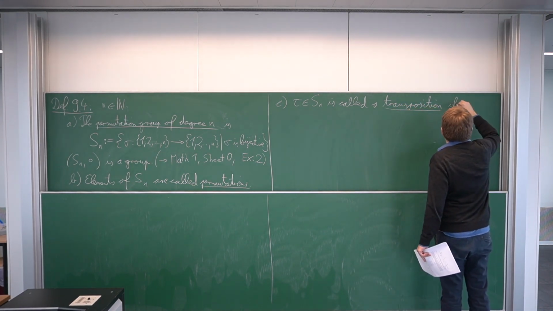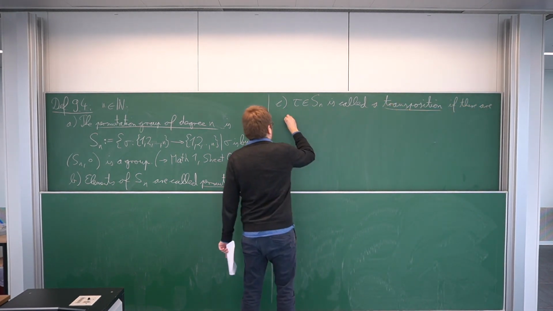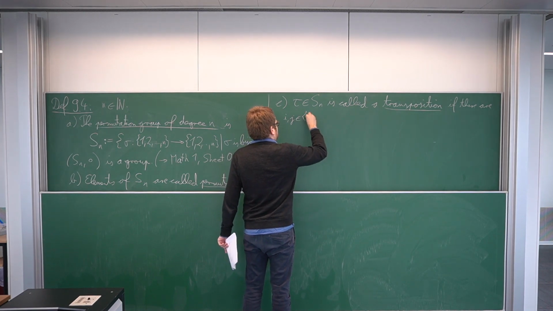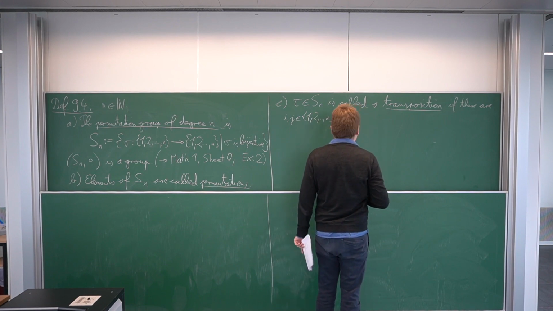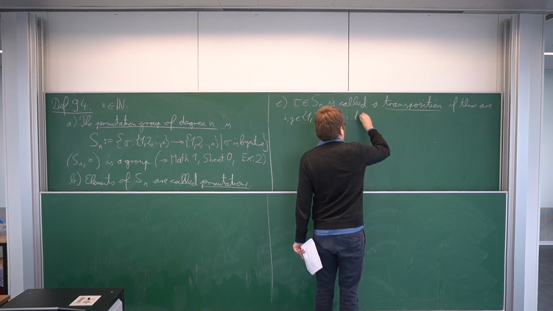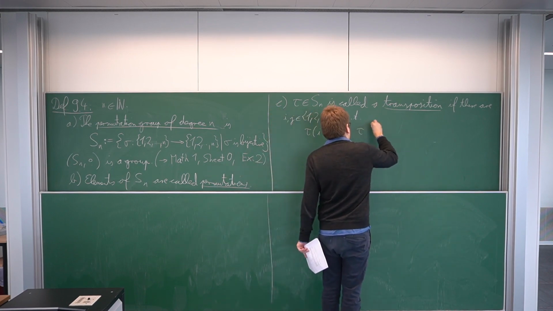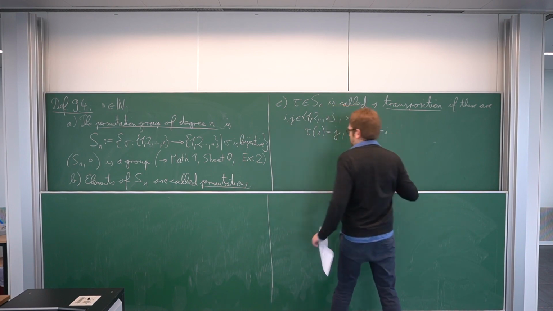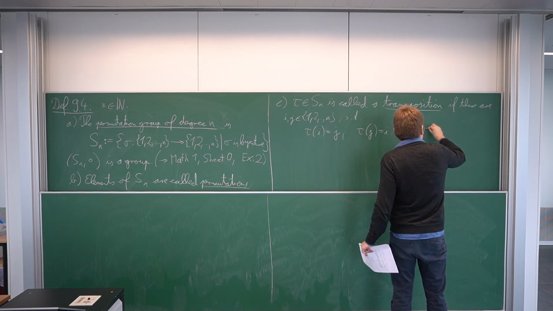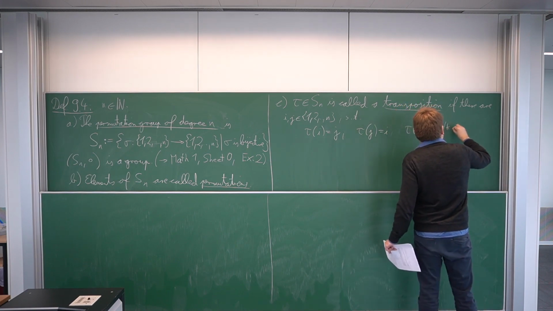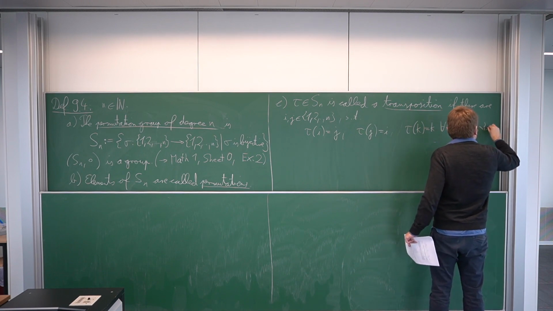Meaning if there are two elements, i and j, in this set from 1 to n, such that tau of i is j, tau of j is i, so those two switch places, and the rest stays as it is: tau of k is k for all k in the set without i and j.